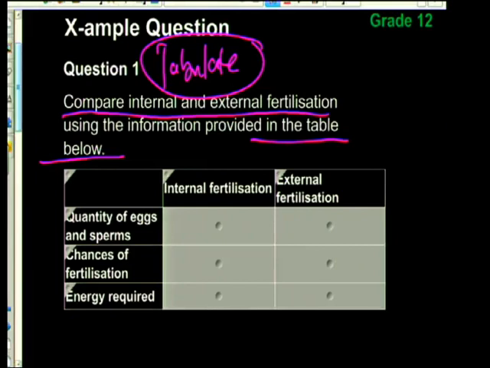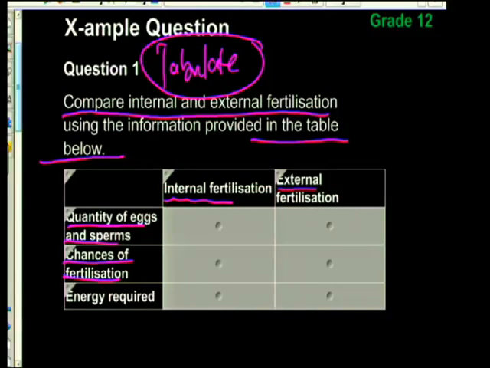So what do they want to know? The difference between internal and external fertilization. Under which headings? Quantity of eggs and sperms, how many eggs and sperm, the chances of fertilization, and the energy required for this to occur. So we take 1 point at a time. We look at the quantity of eggs. When we were discussing the work earlier, I told you that for external fertilization, a drawback was slim chances of fertilization.